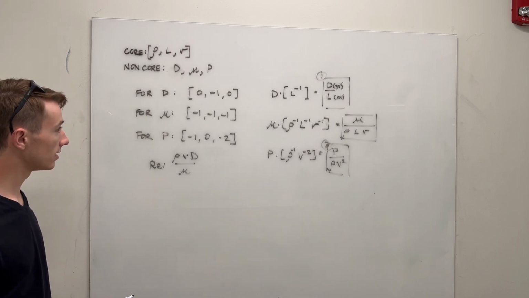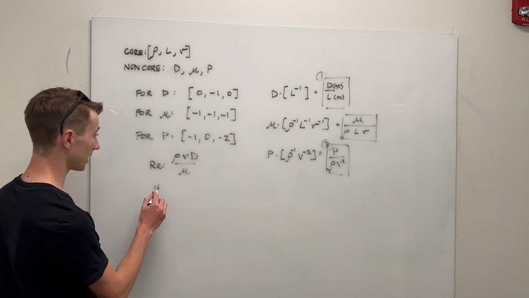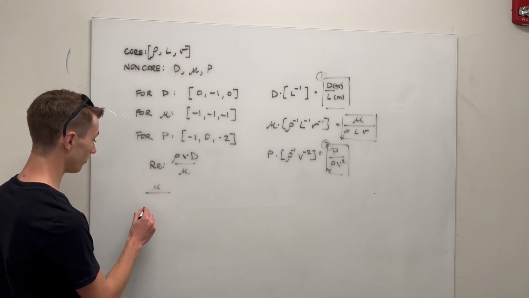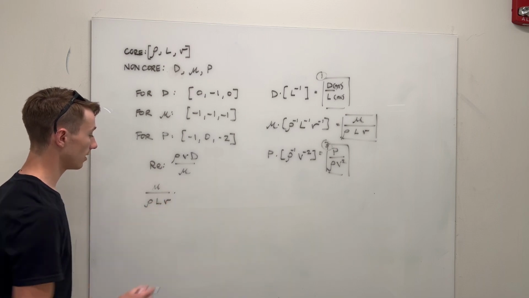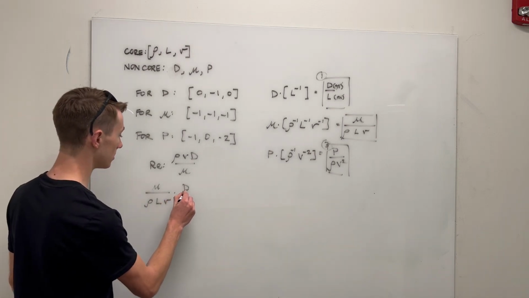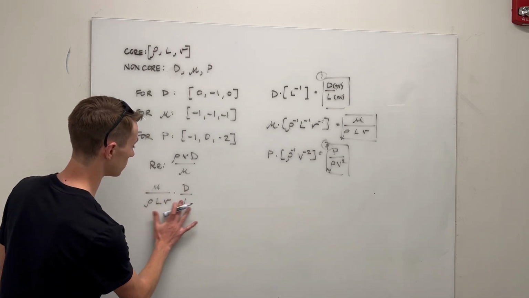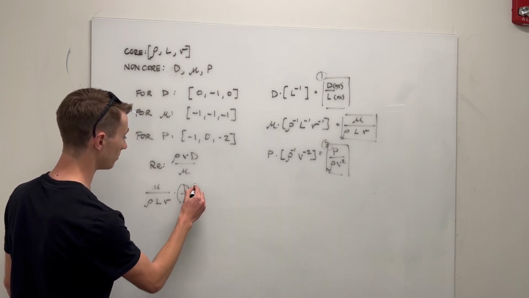What we can do then is take that second one we have, which is mu over rho L V, multiplied by D over L. Oh, excuse me. Multiplied by D over L to the -1 power.